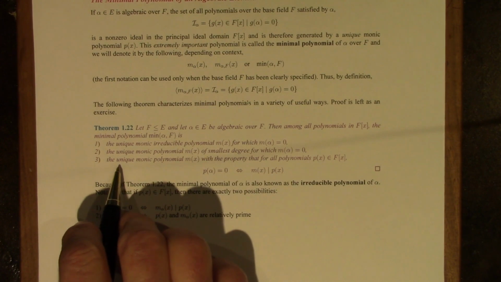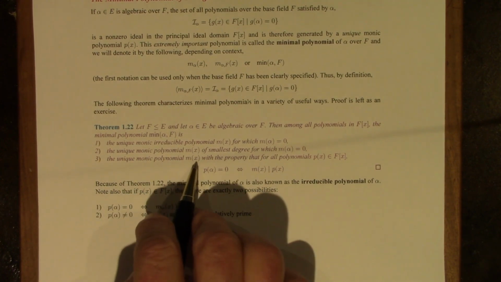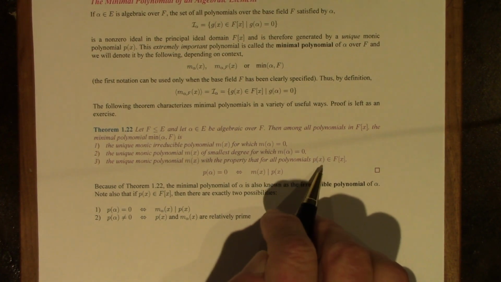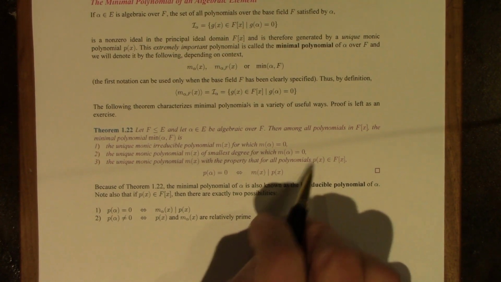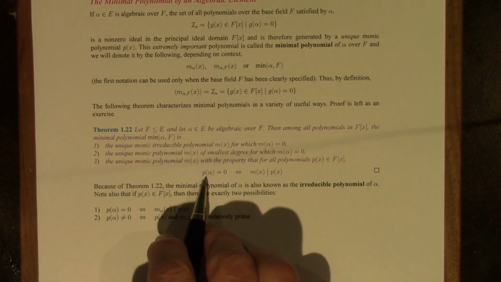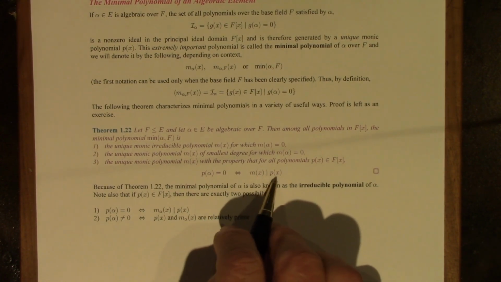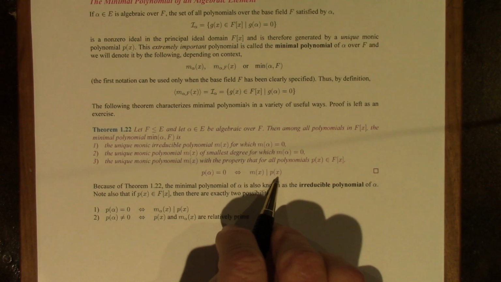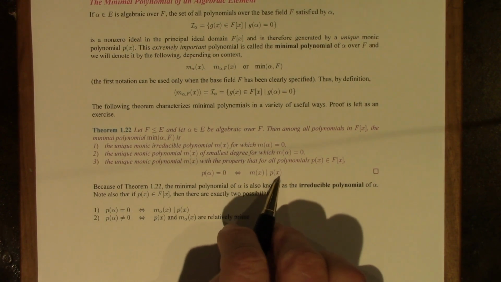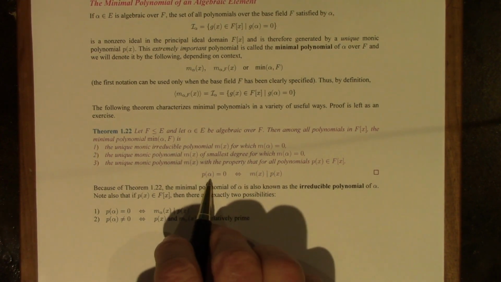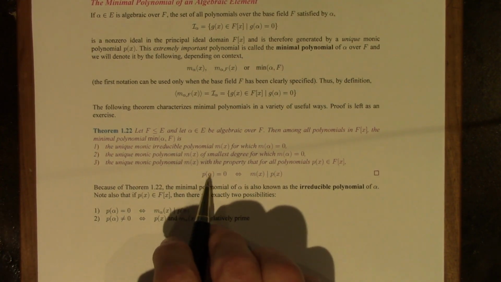It's also the unique monic polynomial m of x with the property that for all polynomials p of x, p of alpha is 0 if and only if m of x divides p of x. So p of x has to be a multiple of the minimal polynomial in order to be satisfied by alpha.